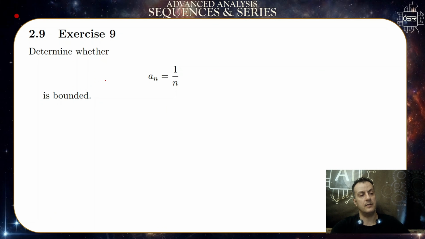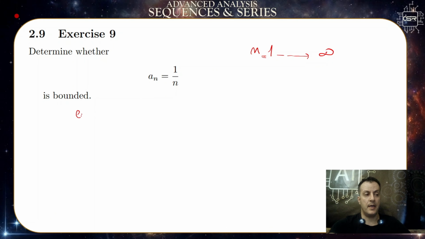Determine whether a(n) equals 1 over n is bounded. Okay, now, first of all, this sequence has a maximum. What is the maximum? We know that n starts increasing from 1 all the way to infinity. So the maximum that this sequence would have is when n is equal to 1.